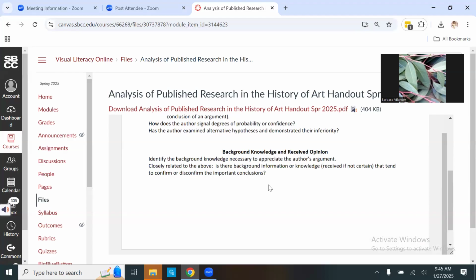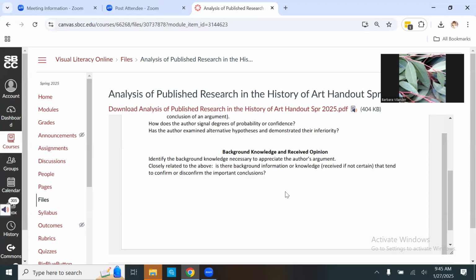Do you have to know what the Gates Project is? Do you have to know a lot about Christo's work or not? So what, if any, background knowledge do you need to have to appreciate the author's argument? Then, is there background information or knowledge received if not certain? That should be, I'm sorry, that tends to confirm or disconfirm the important conclusions.